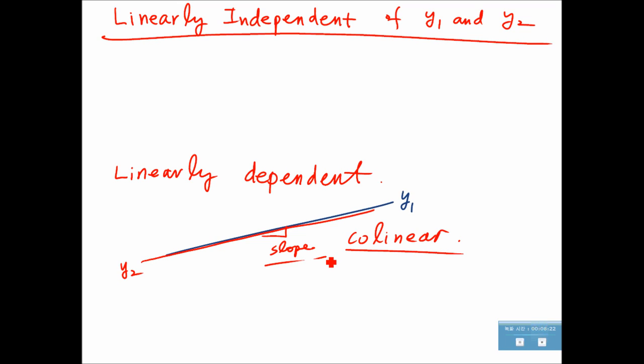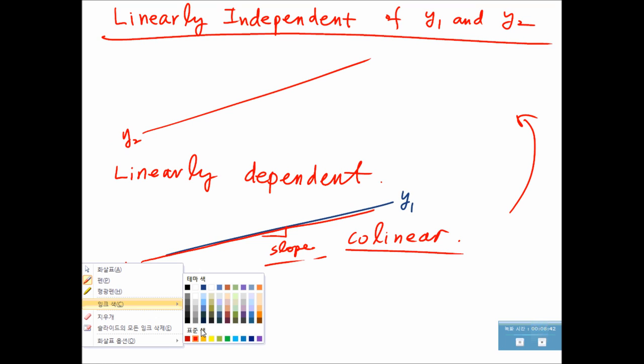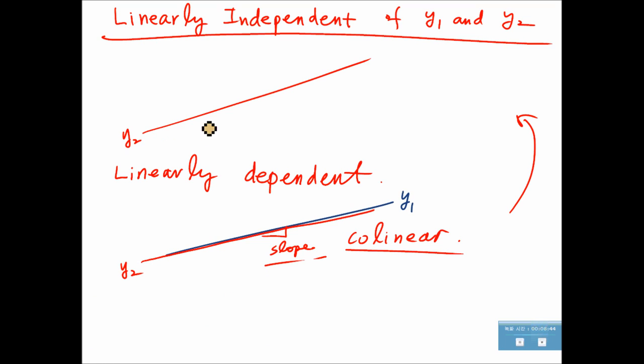And if you expand the same concept to linearly independent, y1 and y2 should have different slopes, right? Let's say this is y2. Then y1 has to be like that.